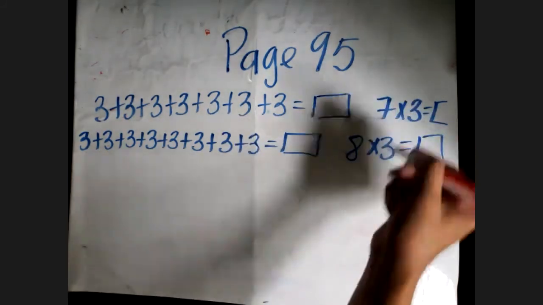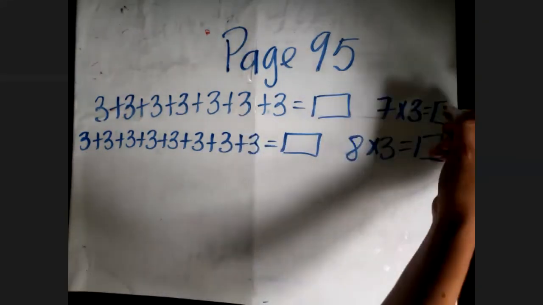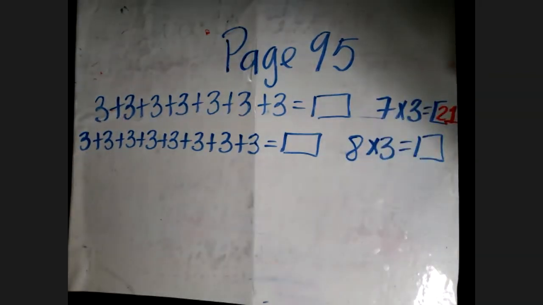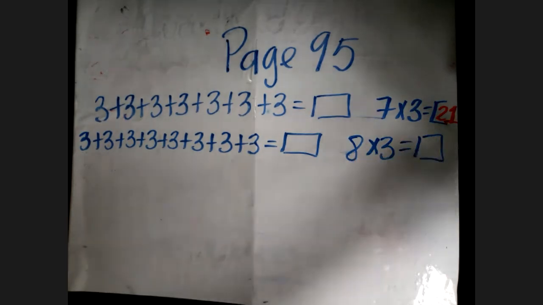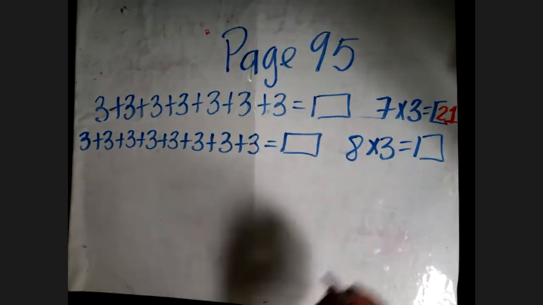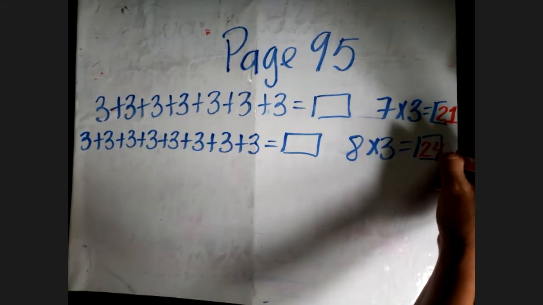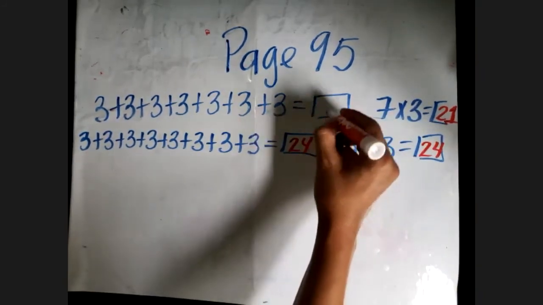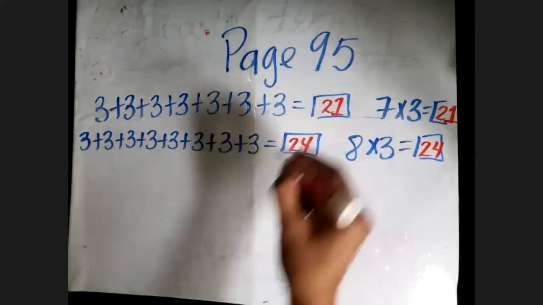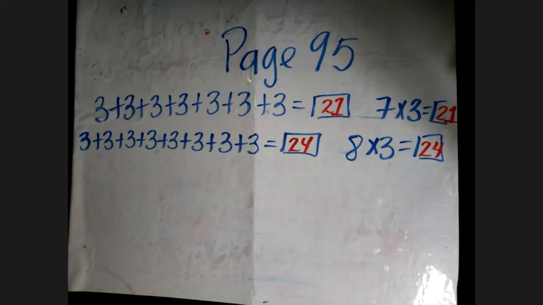Or 3 times 7? 21, right? 7 times 3 or 3 times 7, it is 21. Very good. Now, 3 times 8, 24. Good. And we finish.